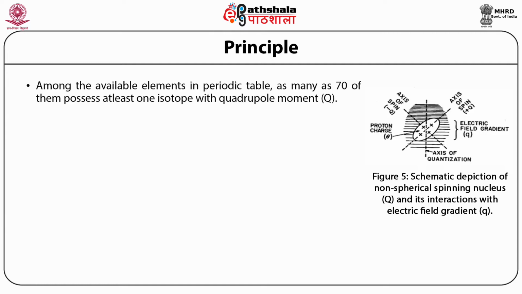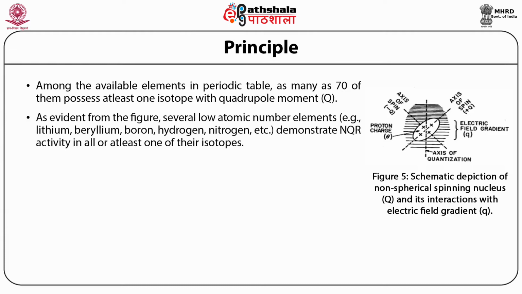Among the available elements in the periodic table, as many as 70 of them possess at least one isotope with quadrupole moment capital Q. The elements exhibiting NQR signal are shown in the later slide, and as evident from the figure, several low atomic number elements, for example lithium, beryllium, boron, hydrogen, nitrogen, etc., demonstrate NQR activity in all or at least one of their isotopes.